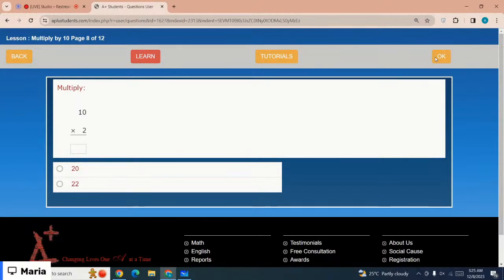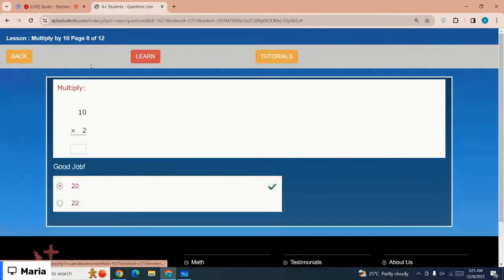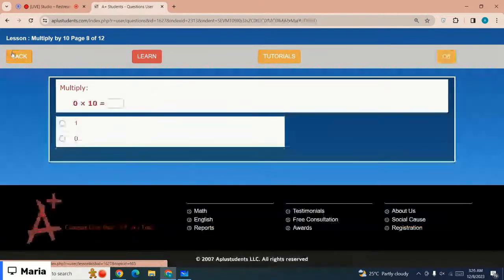The correct option is 20. Okay, you can complete the lesson by yourself later today. Let me move on to the next one, and the next one is multiply by 11. And multiplying by 11 is another easiest table, isn't it?